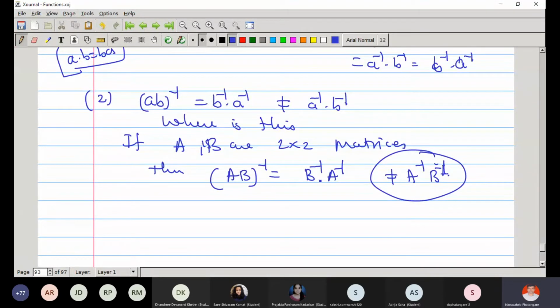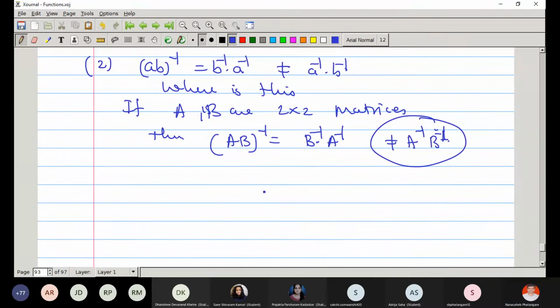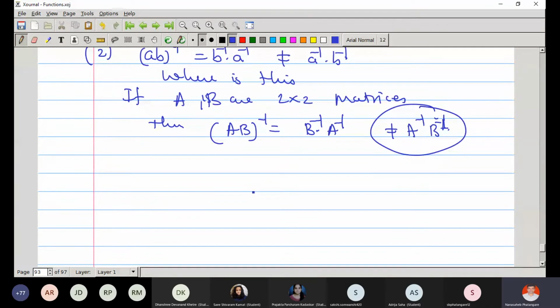So in case of matrices, this holds. Therefore, this makes sense: when we find the inverse of some composition, then in general the order reverses. Correct?